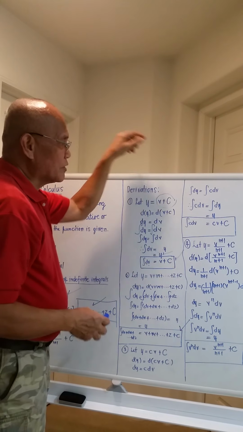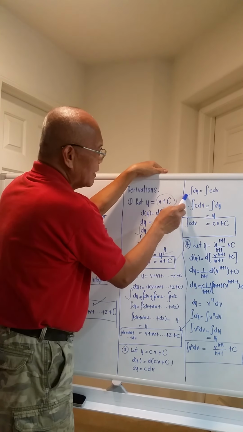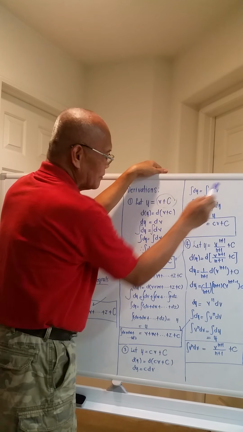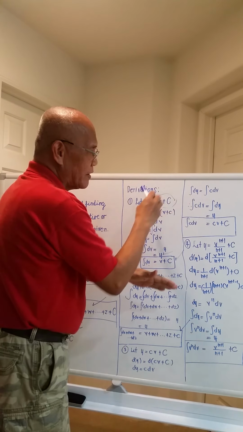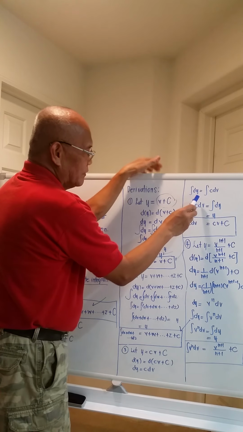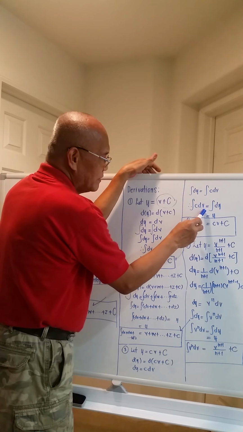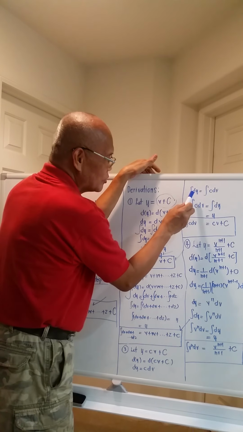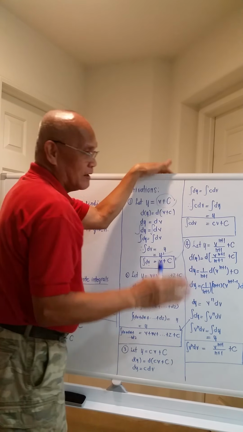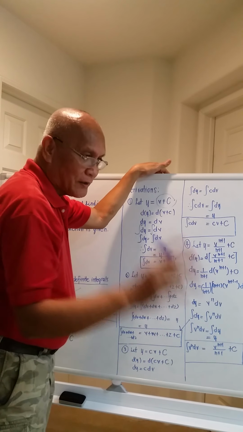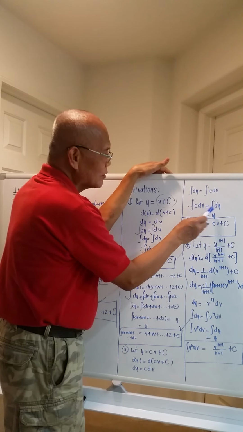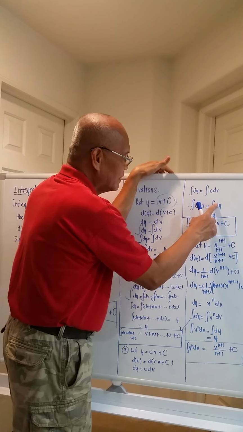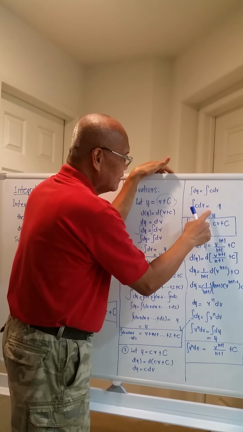Take the integral of both sides. The integral of the differential of y equal to the integral of c dv. We rearrange, we put this on the left. The integral of c dv equal to the integral of dy. This one. We put this on the right. As I told you before in integral calculus, when this integral sign goes next to this differential sign, they will try to cancel out each other. Okay?